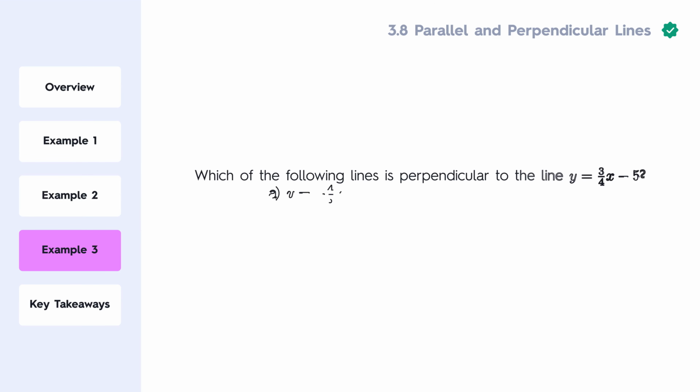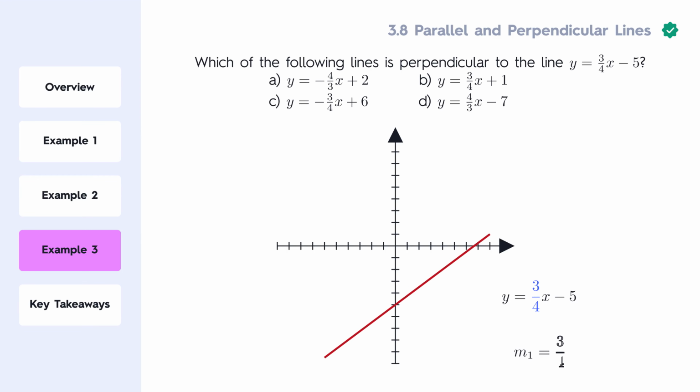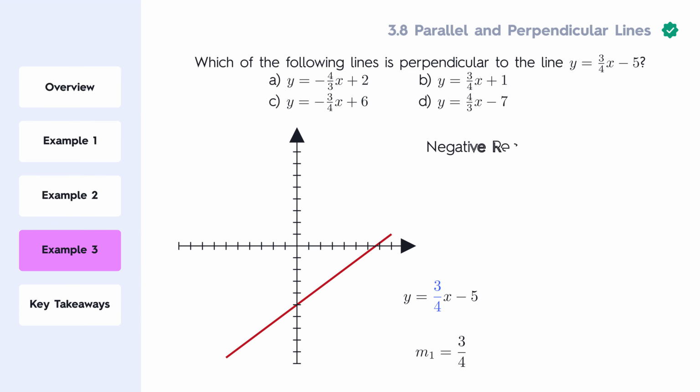Which of the following lines is perpendicular to the line y equals 3 over 4x plus 5? Let's analyze this question. We need to find which of these lines is perpendicular to the line y equals 3 over 4x plus 5. Remember, perpendicular lines have slopes that are negative reciprocals of each other. The negative reciprocal of 3 over 4 is -4 over 3, because 3 over 4 times -4 over 3 equals -1.